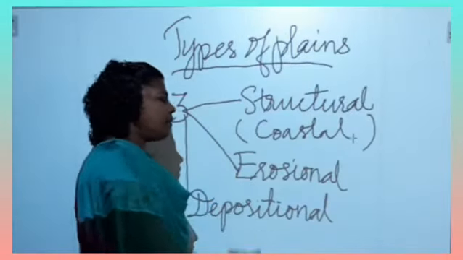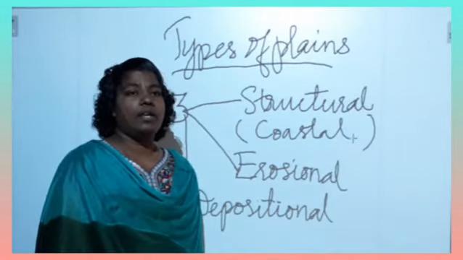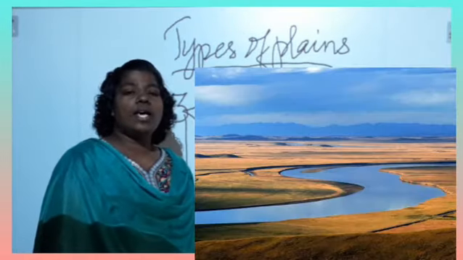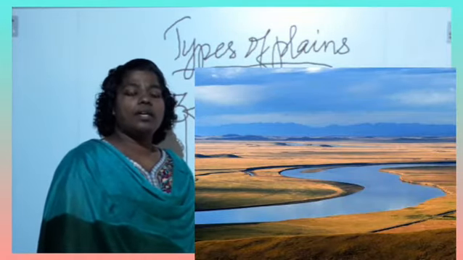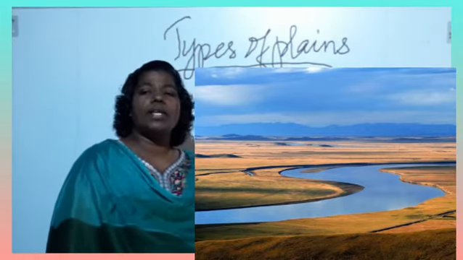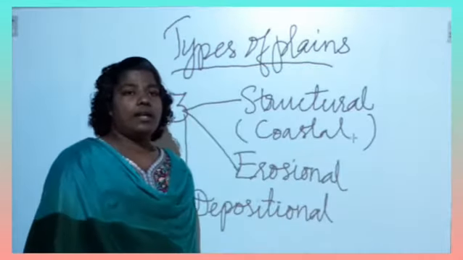Okay, the second type of plains are called erosional plains. These erosional plains are formed due to the erosion of soil, you can say erosion of hills, mountains and plateaus. Okay, how will it be eroded?